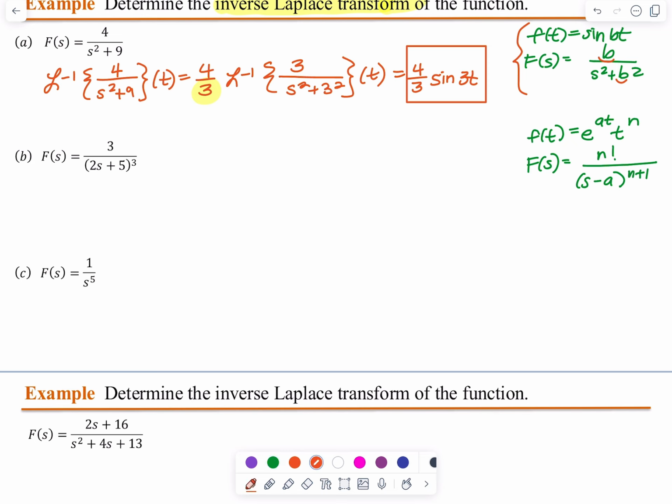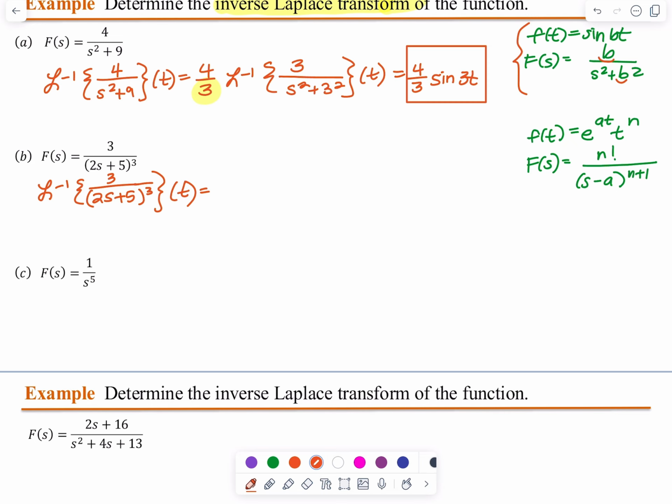Using that as an example, we can now say that the inverse Laplace transform of our capital F of s, of t, is equal to, and so now let's take a look at what we need. We can move that 3 out with our linearity.